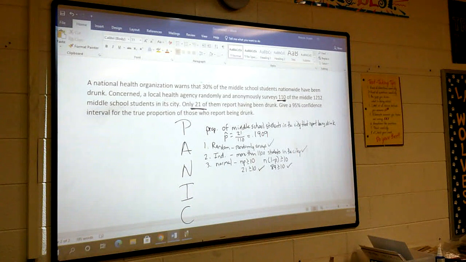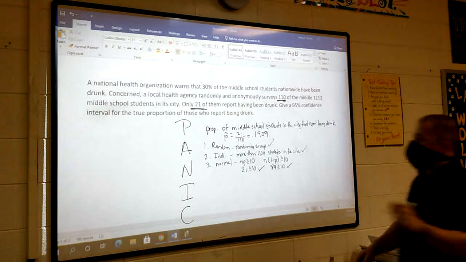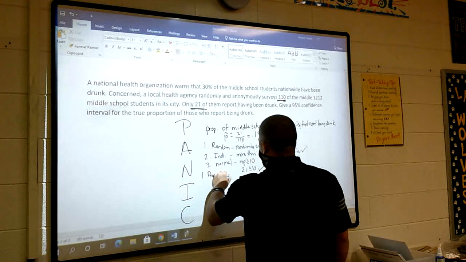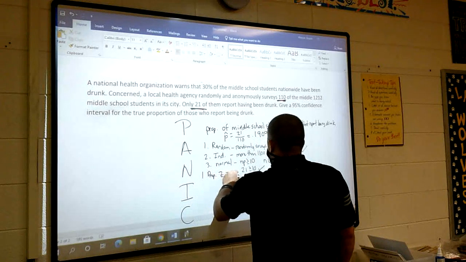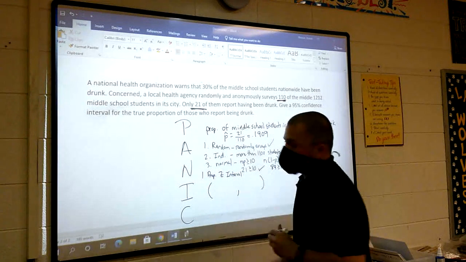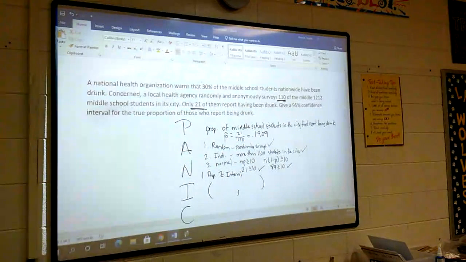And then we're going to go through N, which is the name. Again, 1 proportion Z interval, the easiest part right now. We're going to get the interval from the calculator and then write our conclusions. This one won't be as accurate, right?